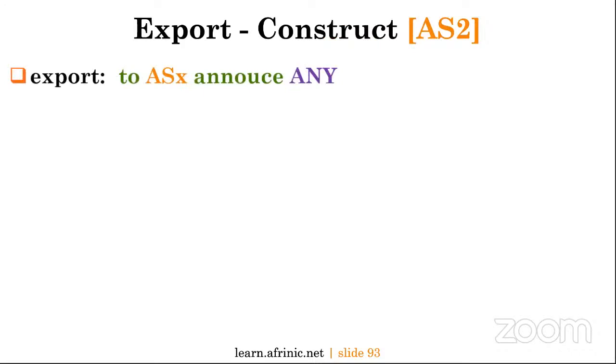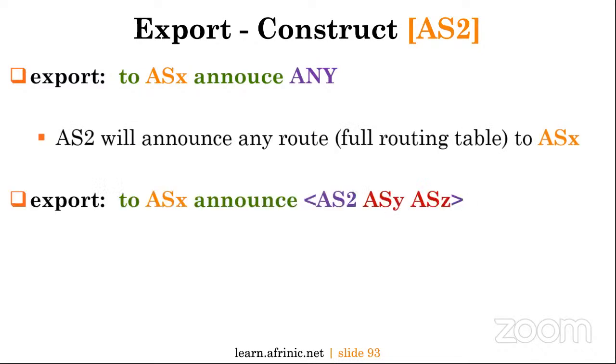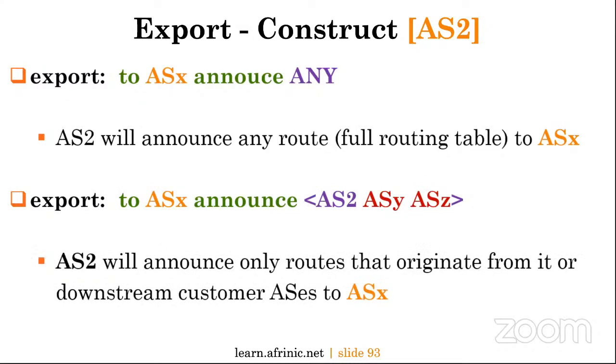If you want to export to AS2, you announce everything from yourself, your full routing table. And then you announce only routes that originate from AS2's downstream customers.